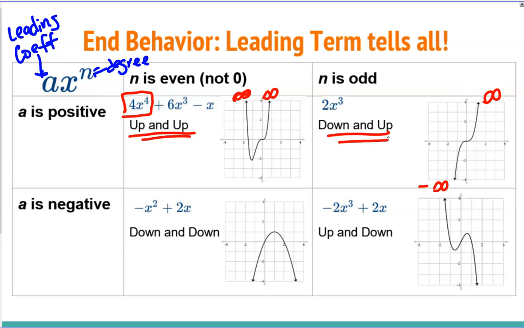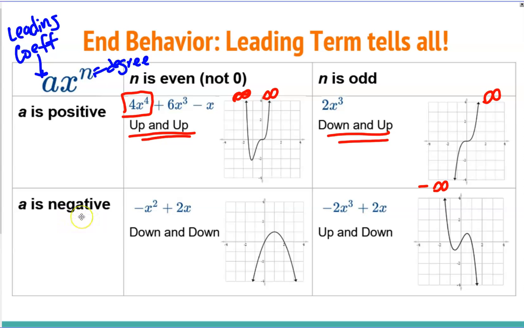I like to tell my kids odd is for opposite, okay? So they're going to go in opposite directions if your degree is an odd number. And the positive leading coefficient shows you where it's going to end. So it ends up being in the positive direction. The other side was opposite. So down, then up. Okay, and it does matter which one you say first.